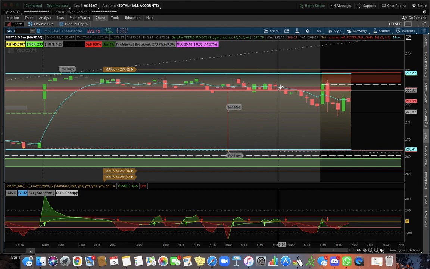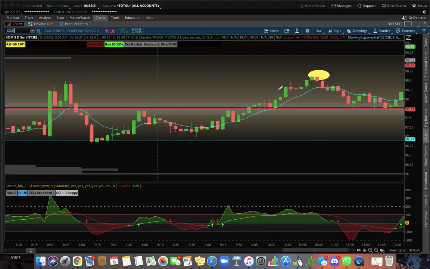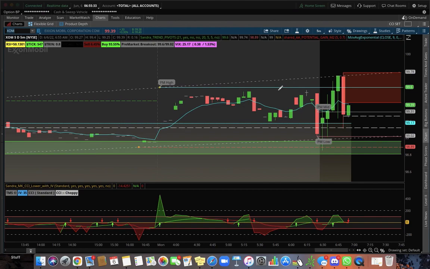I just bought back my XOM calls that I sold earlier. It was 17%, not 20, but it was still green, and now it looks like it's just bouncing off the pivot line. Let's take a look. Yeah, so I sold right near the top of the red candle.